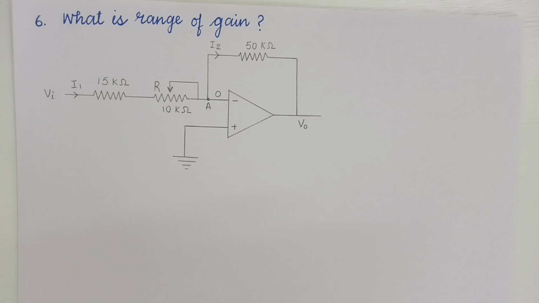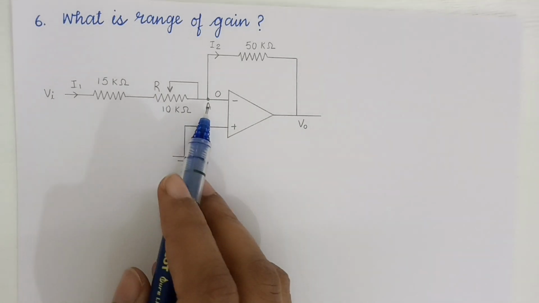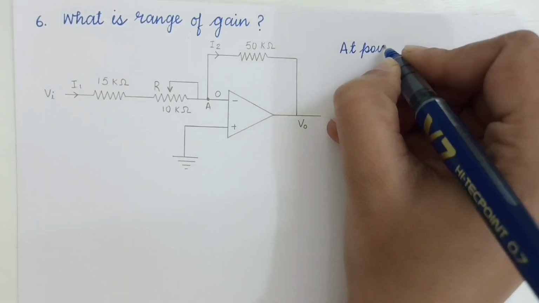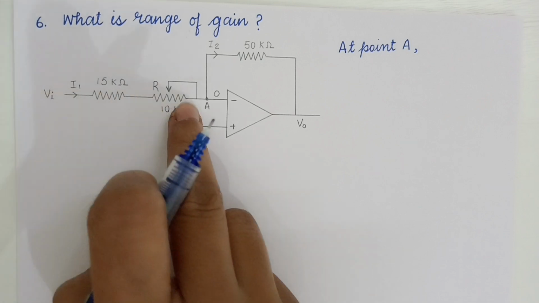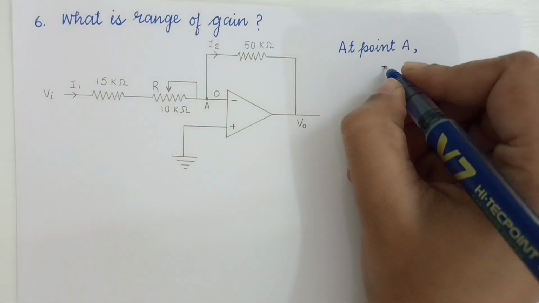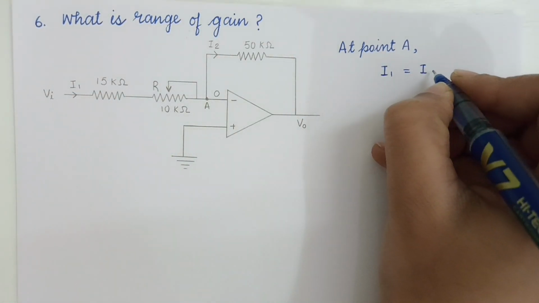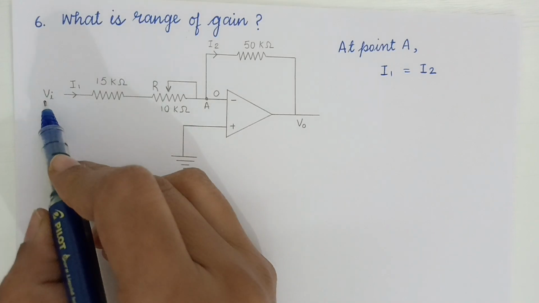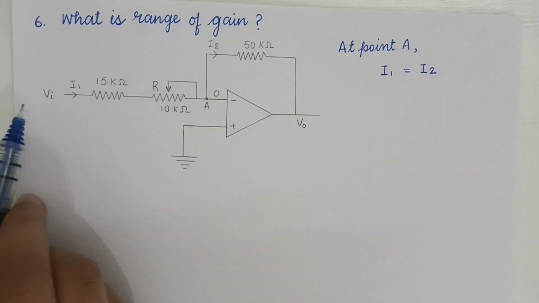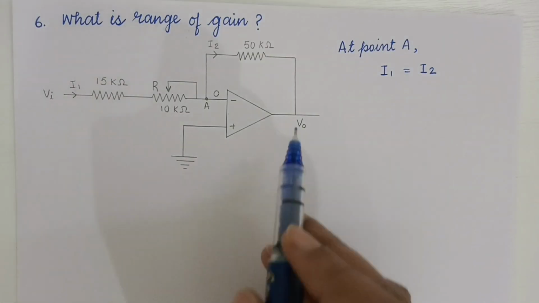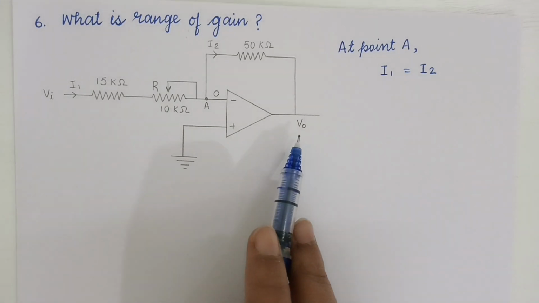Let's solve this question. Let's first take this point A. At point A, I1 is equal to I2. Now Vi minus 0. This Vi is the input voltage and this V naught is the output voltage.